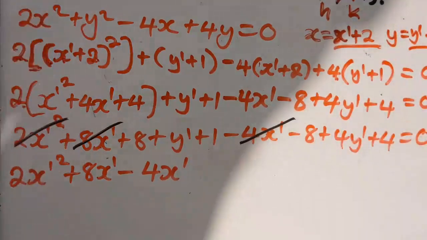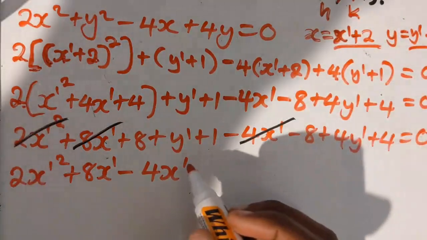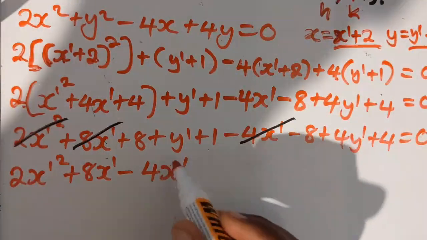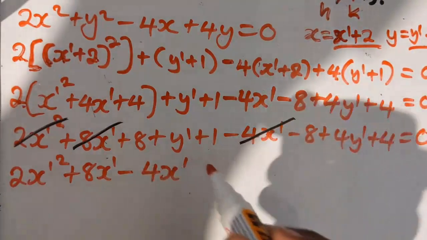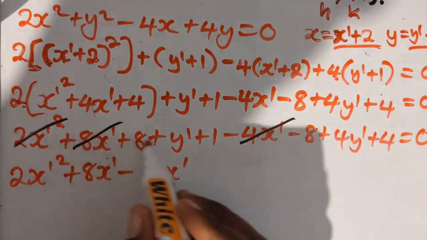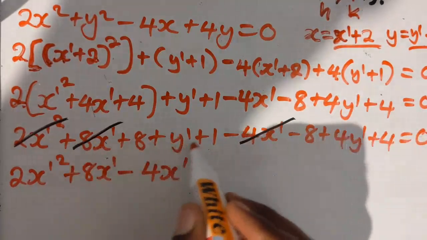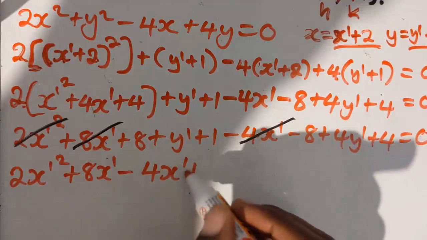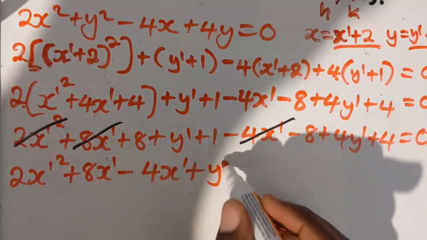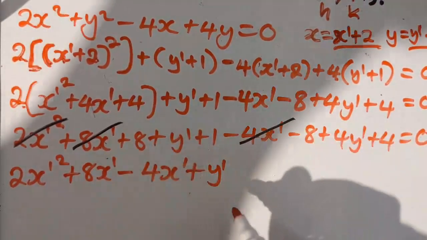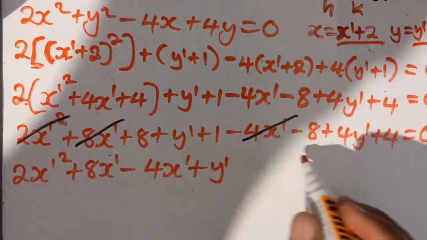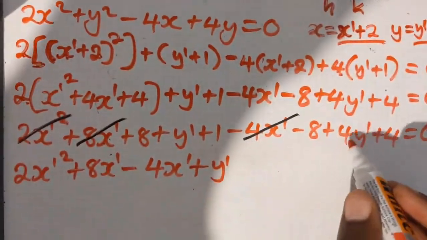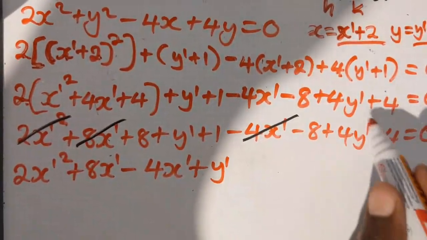Okay, so now where are we supposed to go here? We are done with those with x prime, so go with those that have y prime. So starting from here, we have this one, so we are going to have positive y prime. Look at where the one that has y prime is.